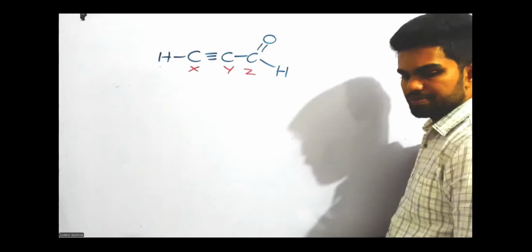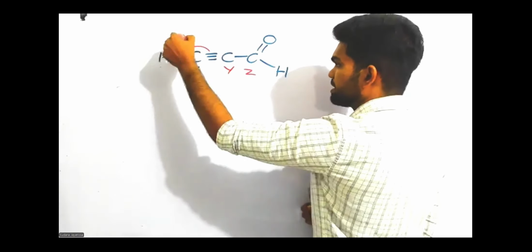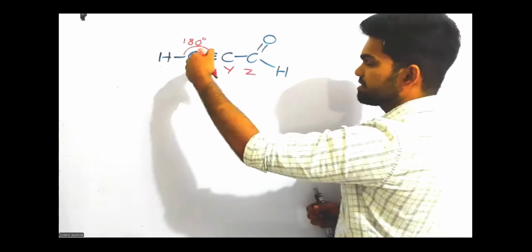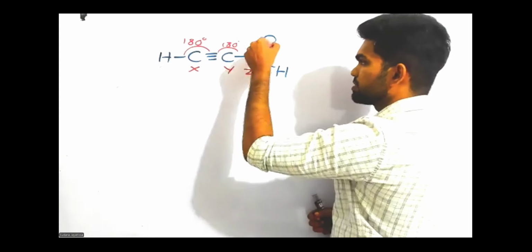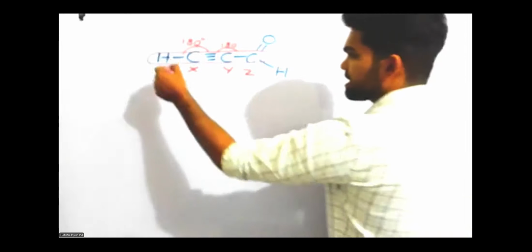Is it true? It is obviously going to be true, because this is sp hybridized or linear shape, and the angle is going to be 180. So all these 4 atoms, not only 3 carbon, that hydrogen also, lie in the same straight line.